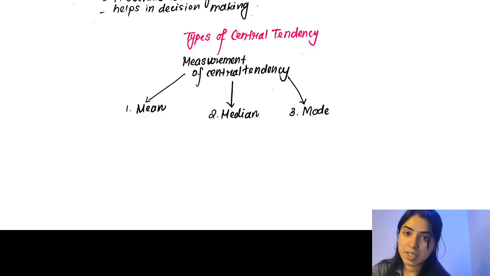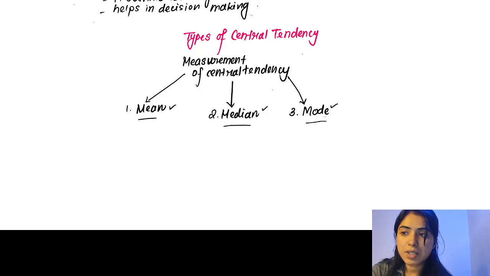Mean, median, mode: three types of central tendency in statistics. Why these three? Because different central tendencies have different purposes. Where to use each, what each is, and when to use it, we will cover in the future videos.